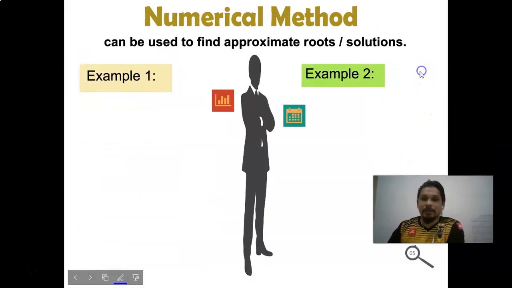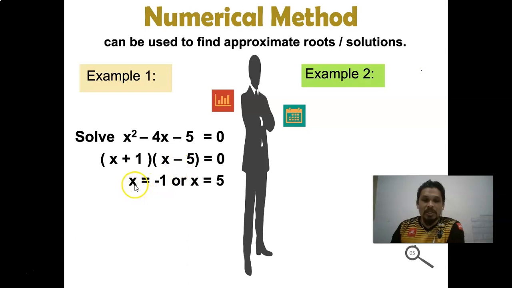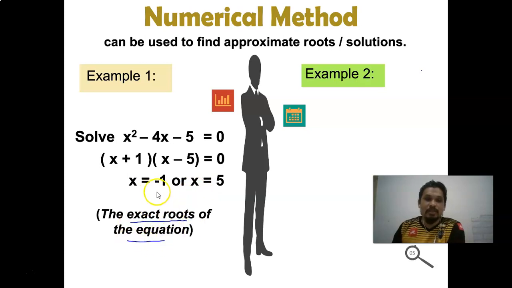Now, example 1. So x squared minus 4x minus 5 equal to 0. So we factorize, then we come up with a conclusion where x equal to -1 or x equal to 5. The exact roots of the equation, just like the previous example that I shared with all of you just now, where I wrote with a pen.